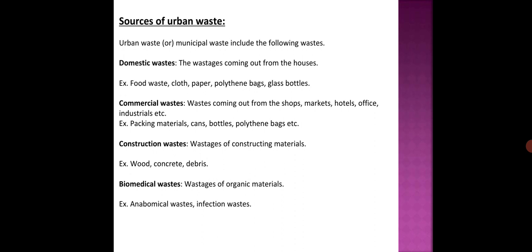The waste coming from our houses is called domestic waste, like food waste, cloth, paper, polythene bags, glass bottles, etc. Similarly, the wastes coming from shops, markets, hotels, offices and industries are called commercial wastes, like packing materials, cans, bottles, polythene bags.